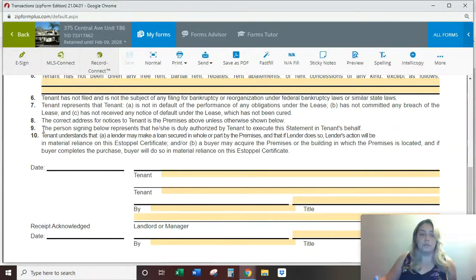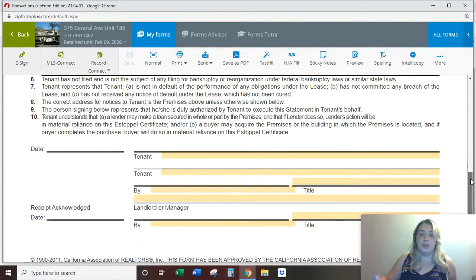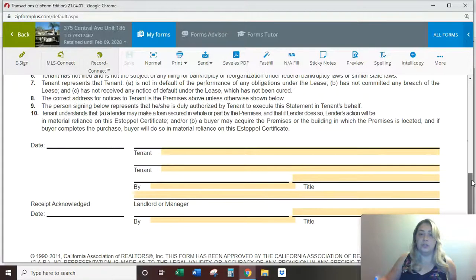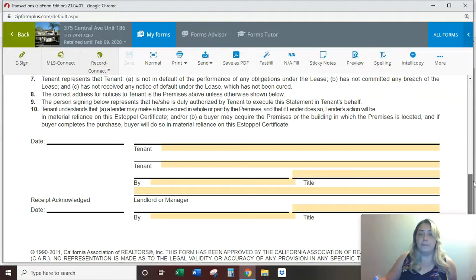And the person signing below represents that he or she is duly authorized by tenant to execute this statement on the tenant's behalf. The tenant understands that a lender may make a loan secured in whole or part by the premises, and if the lender does so, the lender's action will be in material reliance on the estoppel certificate.